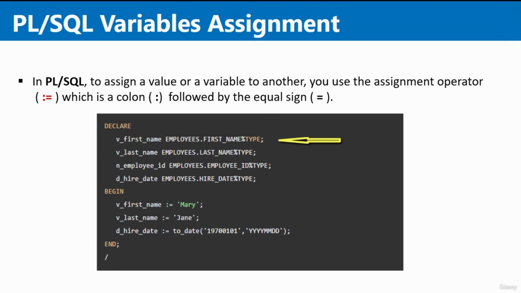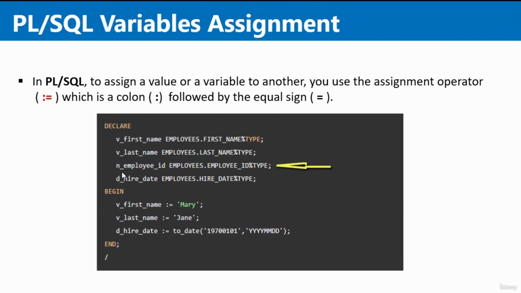So I'm using %TYPE here to specify that I want to use the data type that this column, first_name, in the employees table uses. I'm going to use that for this variable, which is called v_first_name. The same step applies to the second variable, which is v_last_name.